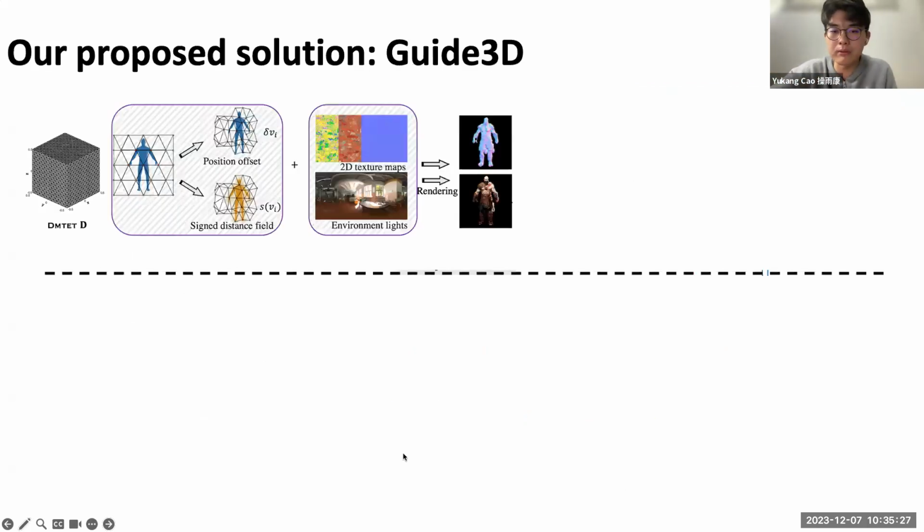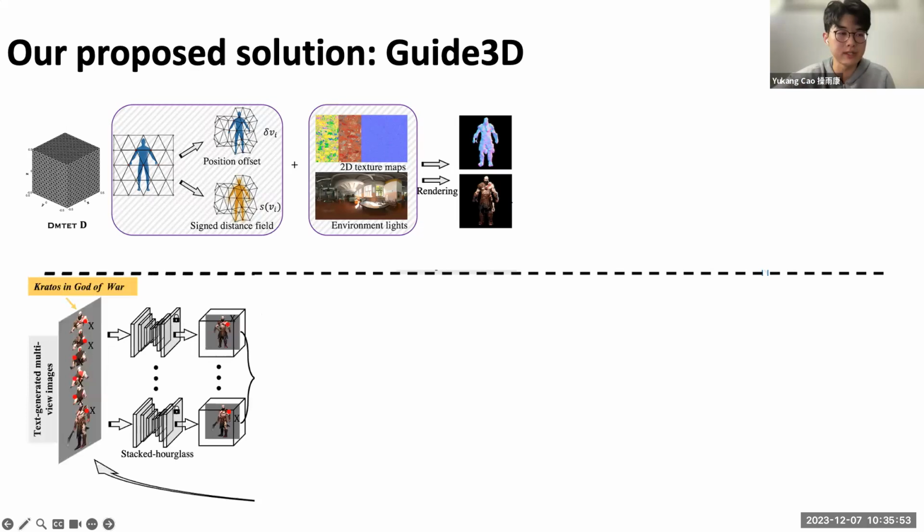So in this slide, I will roughly go through the pipeline of Get3D after talking about our motivations. Similarly, given the multi-view generated images, we can optimize the DMTet with this straightforward pipeline. However, using a single pipeline with sparse views can often lead to overfitting and suboptimal results. To address these issues, we construct another pipeline with DMTet. Through this pipeline, we utilize the reconstruction prior, the pixel-aligned image features.